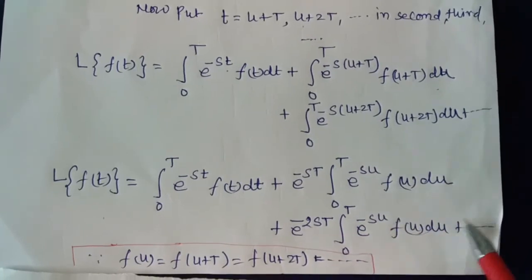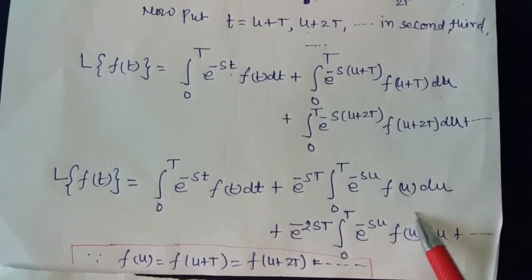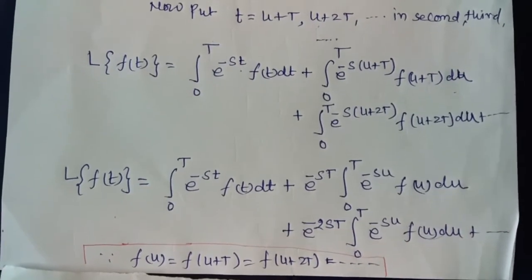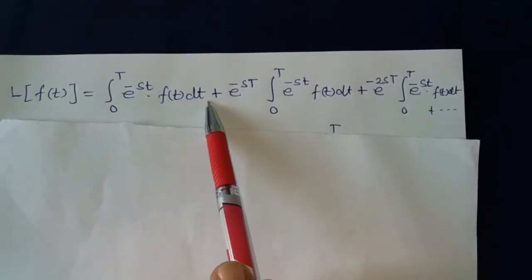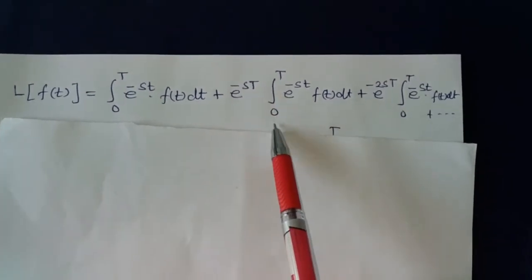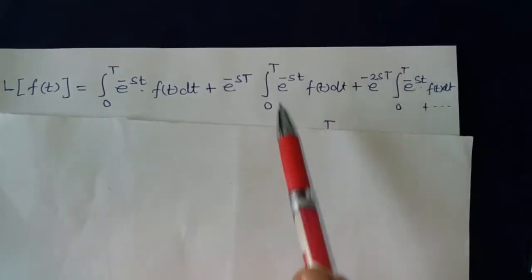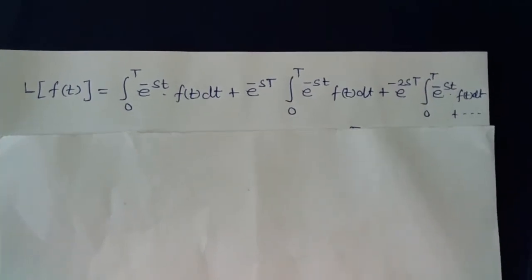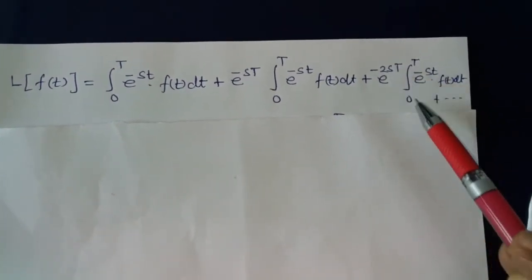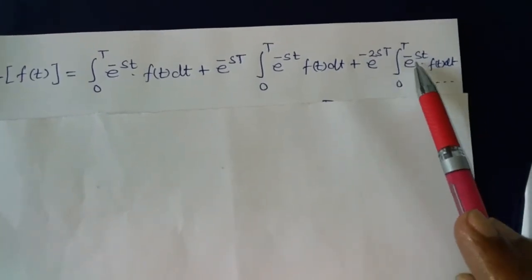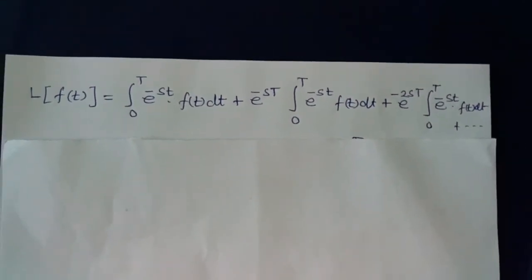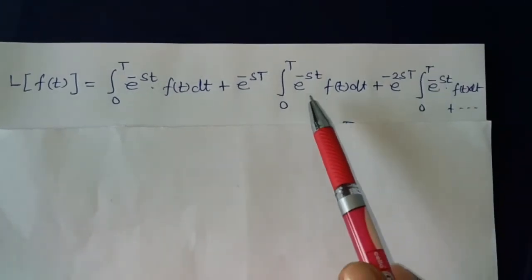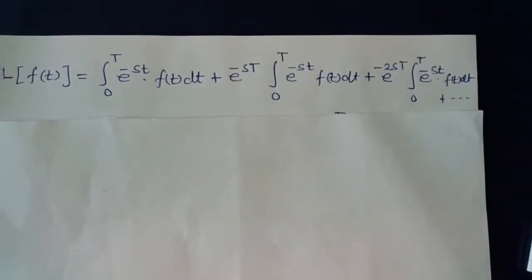So in the second, third, and so on integrals, we change the variable u to t, and we get the Laplace transform of f(t) equal to the integral from 0 to capital T of e raised to minus st f(t) dt plus e raised to minus sT times the integral from 0 to T of e raised to minus st f(t) dt, as we replace u by t, and plus e raised to minus 2sT times the integral from 0 to capital T of e raised to minus st f(t) dt, plus so on.